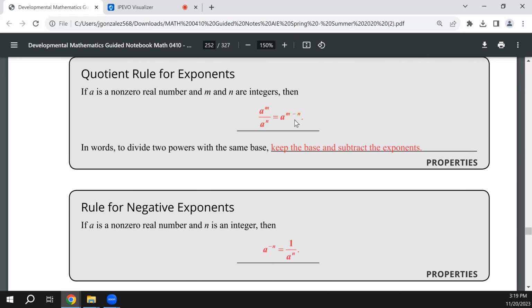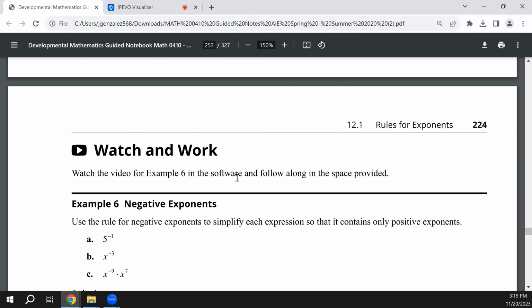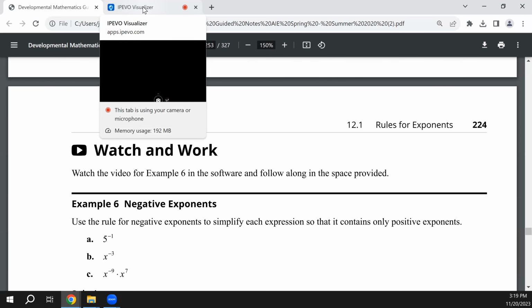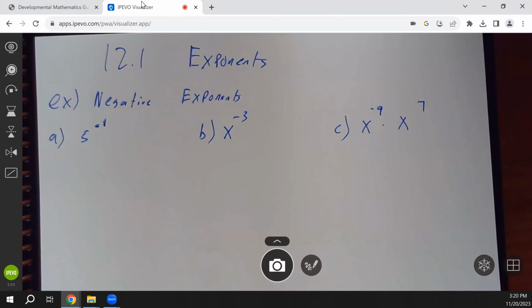Yes, cool on these first two, or these two right here. Let's look at these right here. The next one. It's the negative 1.